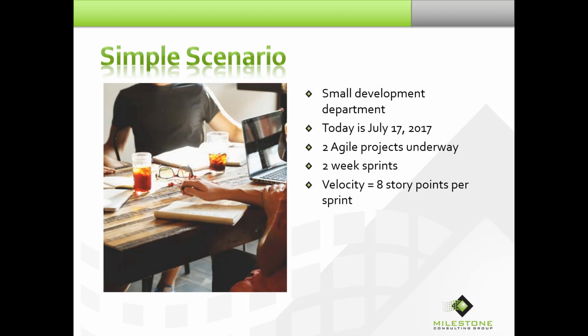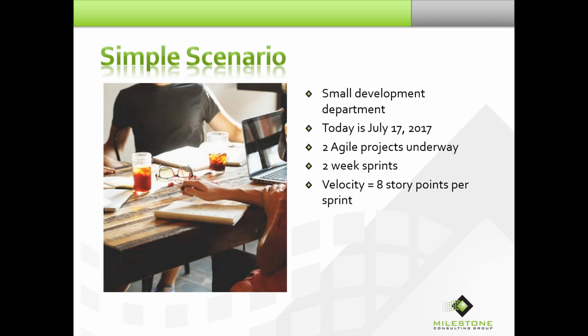Now, in real life, you may be using 2-week, 3-week, 4-week sprints. I can almost guarantee your velocity is going to be much greater than 8. But we wanted to keep our numbers very small for demonstration purposes so that we can see how the techniques apply without getting wrapped up in large numbers.